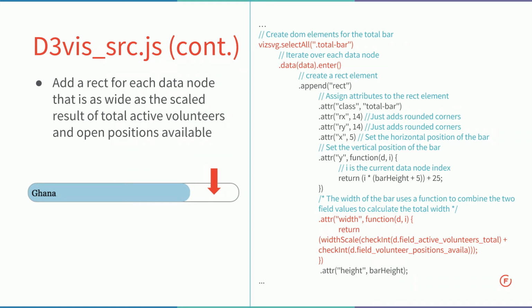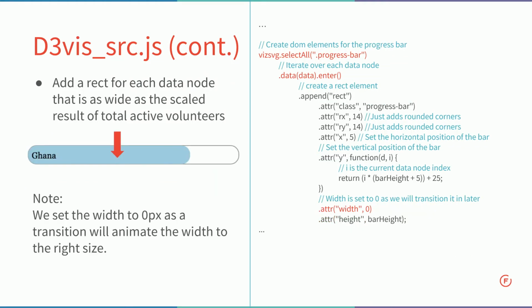To figure out what that is, if you skip all the way down to the lower red part, you'll see that we have the width, which is a function that returns a value using that width scale. So we're passing all of our data and our numbers through that width scale to make sure that they all get magically transformed to fit within where they need to be.